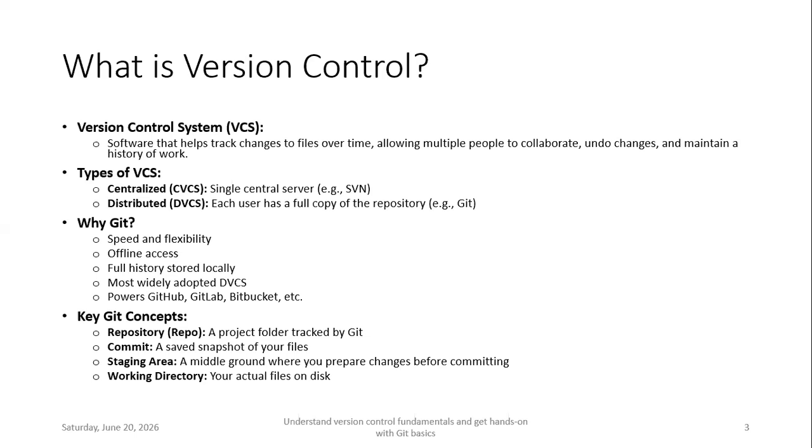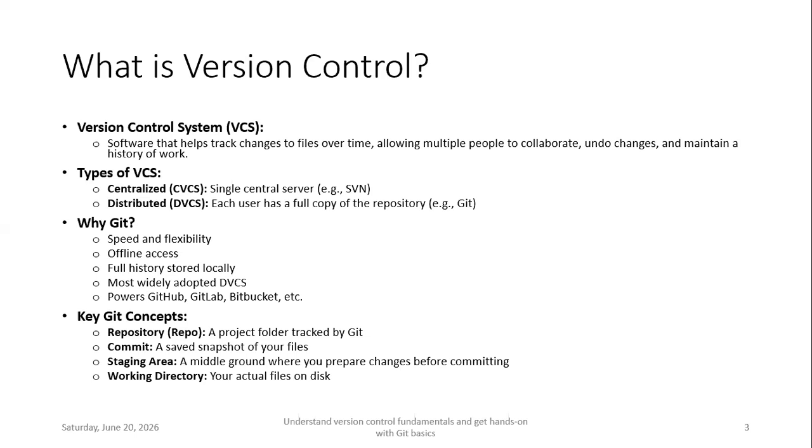Every time you will hear me mentioning repository, it is a project folder which is tracked by Git. And something called a commit. A commit is a saved snapshot of your files.